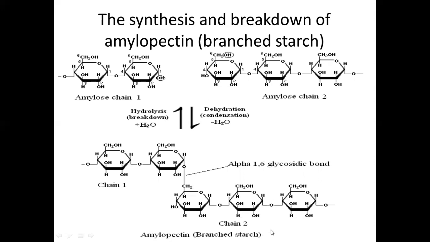So this is forming this chain. We have chain 1 and chain 2. Remember, carbon 1 of a glucose monomer on one strand and carbon 6 of a glucose monomer on another strand link to form this alpha 1,6 glycosidic bond.